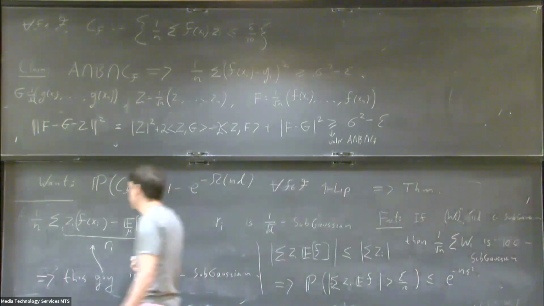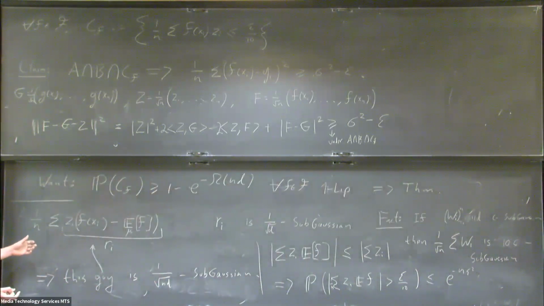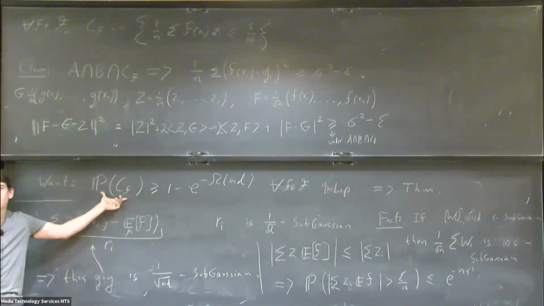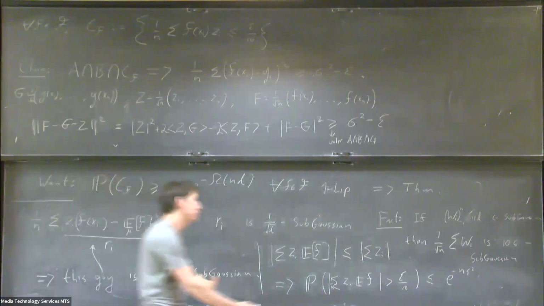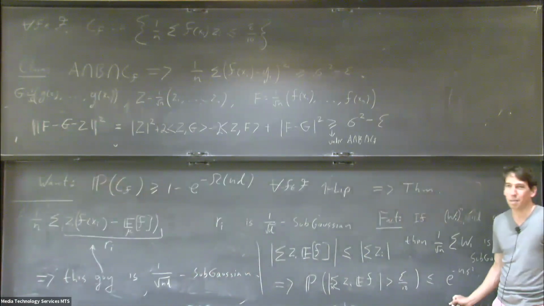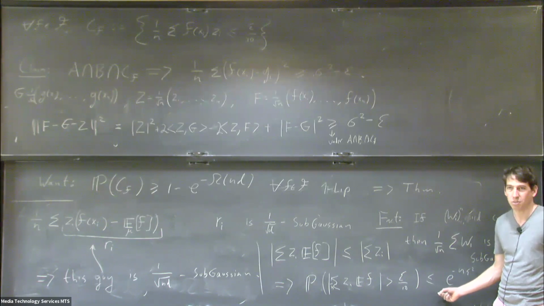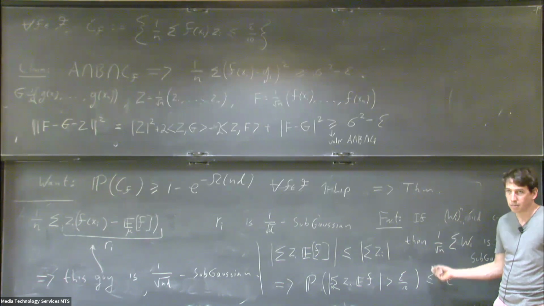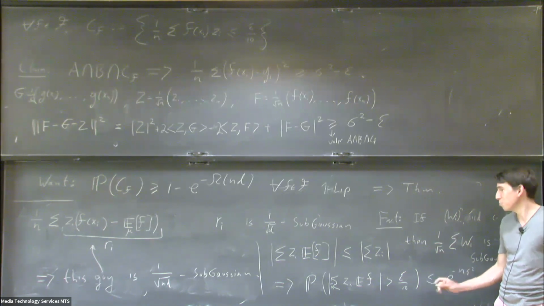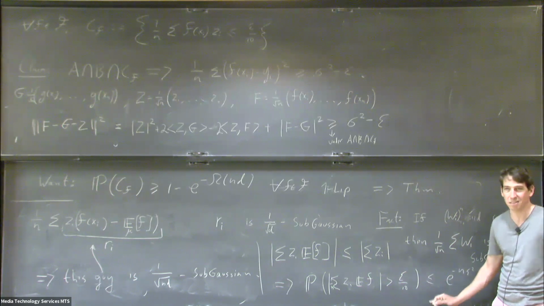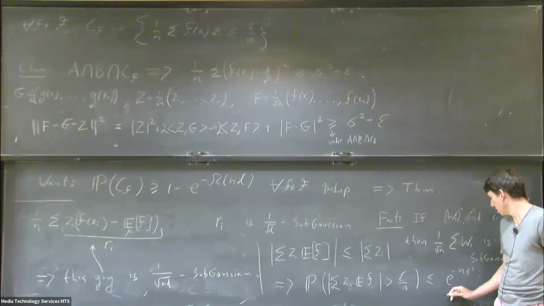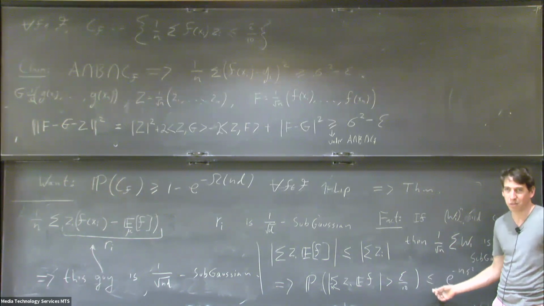I kind of cheated by saying that the probability of C of F is big. I also have to assume that this event happens, but this event does not depend on F. I'm not sure actually what they do, but I'm sure it is not very different from this.